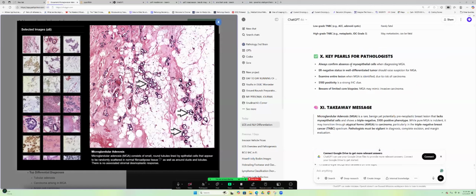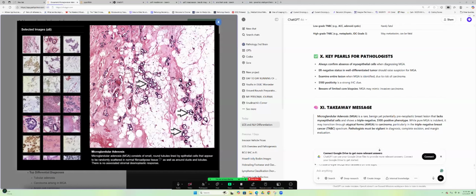For pathologists, always confirm absence of myoepithelial cells when diagnosing microglandular adenosis. AR negative status in a well-differentiated tumor should raise suspicion for microglandular adenosis. So if you have a well-differentiated tumor with a lot of tubules, almost 100% tubules, one layer, and ER/PR negative, what do you think?